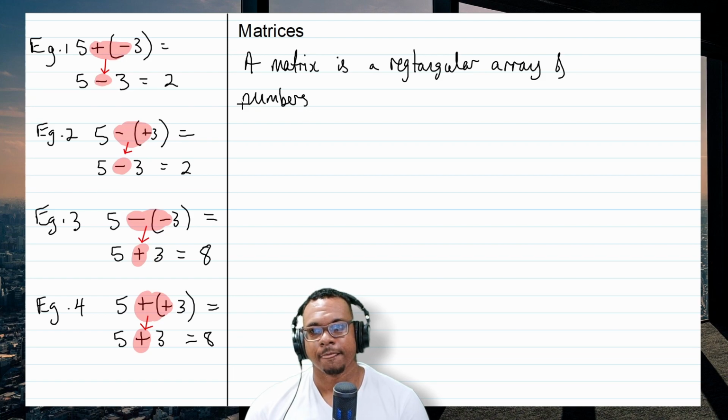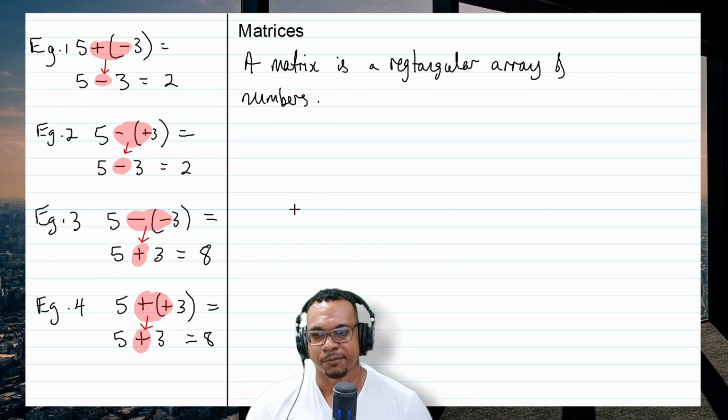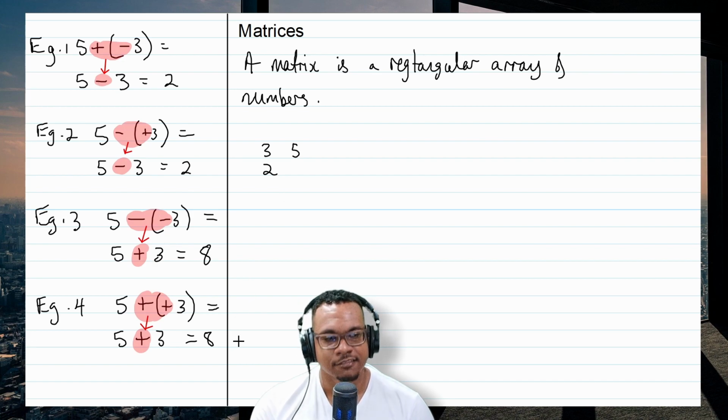Now let me give an example where it's not a matrix. If I write 3, 2, 5, that's not a matrix, because this is in no way representing any rectangle. This is sort of like a triangle in terms of shape.